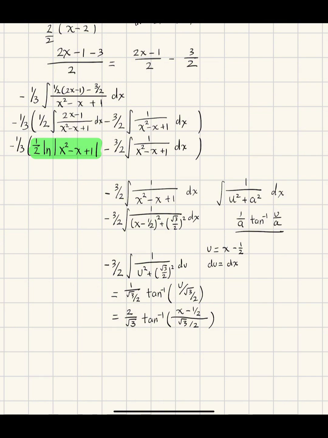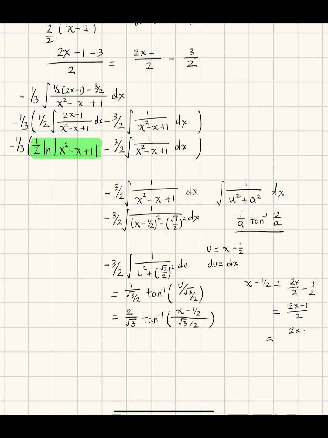I'm going to simplify what's inside the arctan because it looks pretty messy right now. We know that x minus 1/2 can be rewritten as 2x over 2 minus 1/2. And that will give us 2x minus 1 over 2.